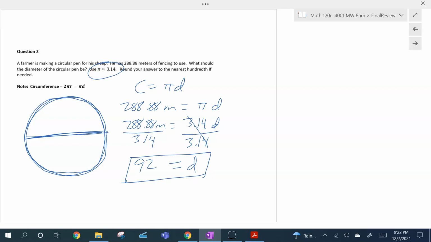If you use the pi button, you get 91.95335992 exactly. I'm just going to round that to the nearest whole number, but like I say, it depends on if you use pi or if you use 3.14.